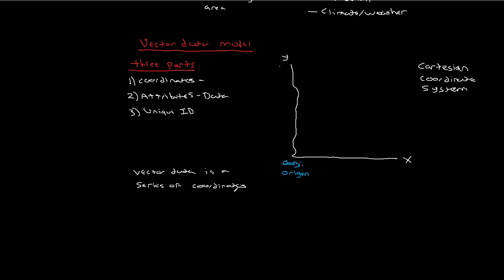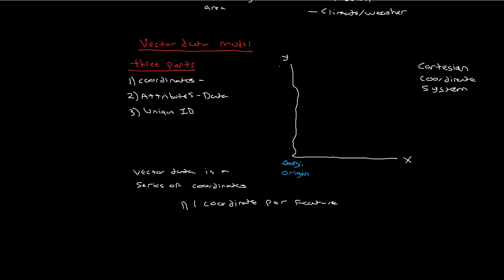And so there are three possible ways that this vector data model can structure itself. The first is to have one coordinate per feature. So this would mean that each discrete feature is being represented by one coordinate.